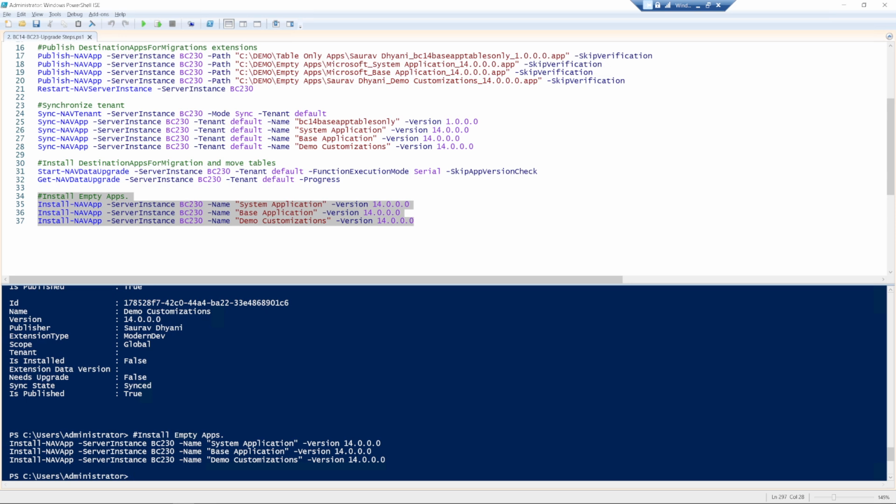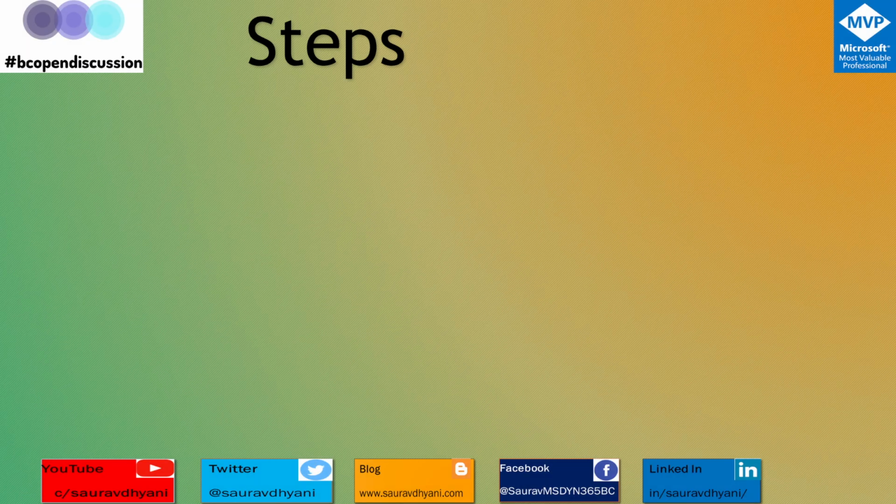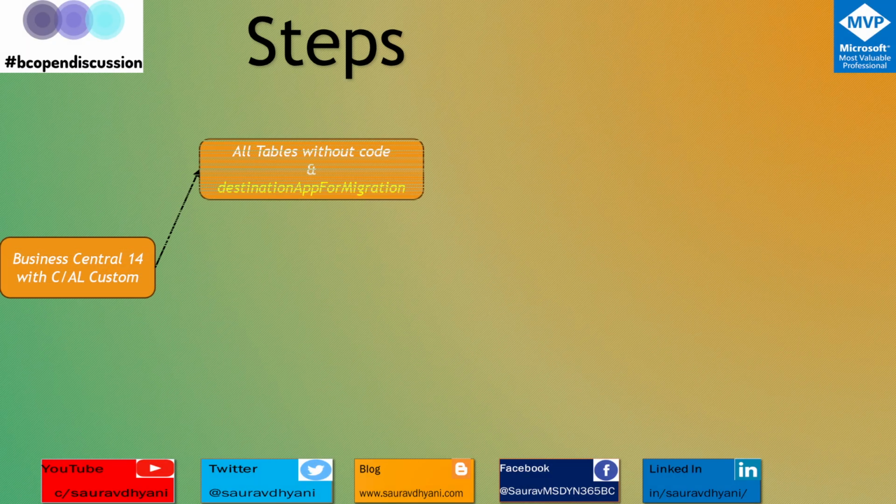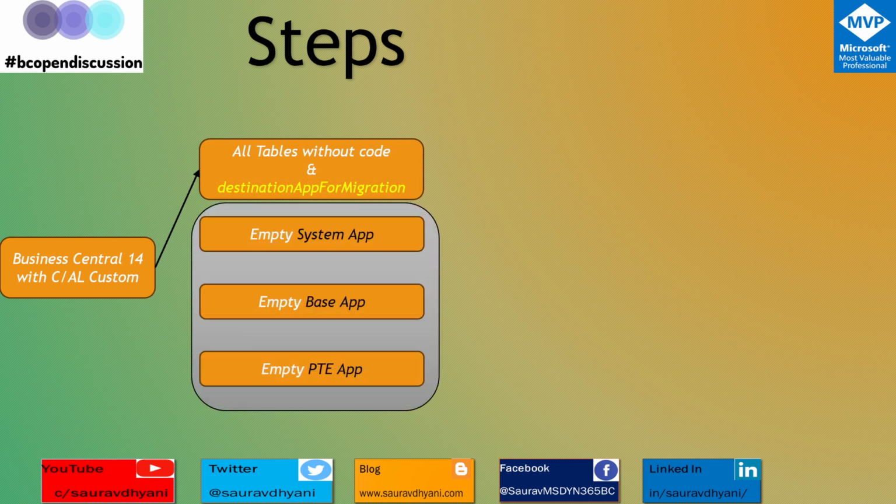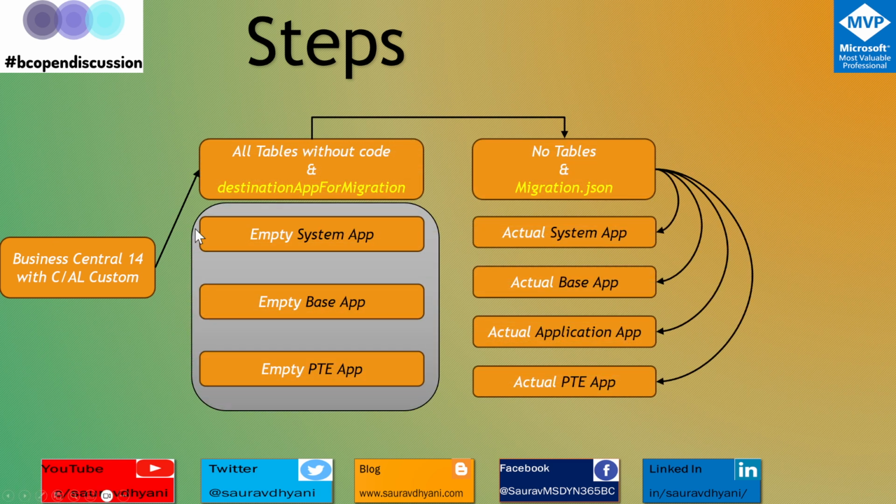Okay. So at this point, what is happening is we have moved all our data from the BC14 CL extension to all the tables without code extension, which we used to set into the destination app for migration. So all the data right now lies in it.